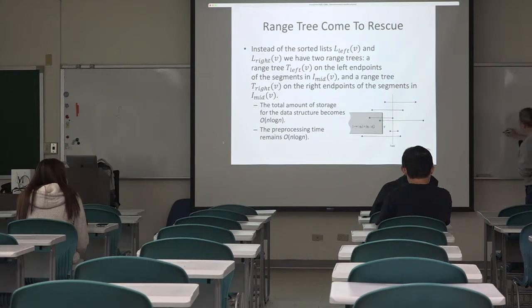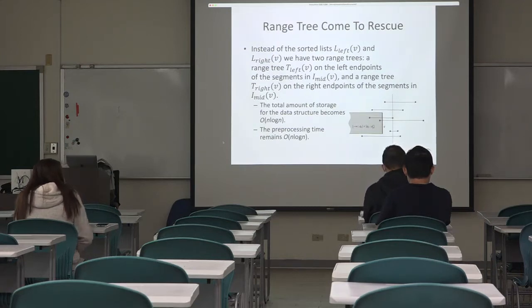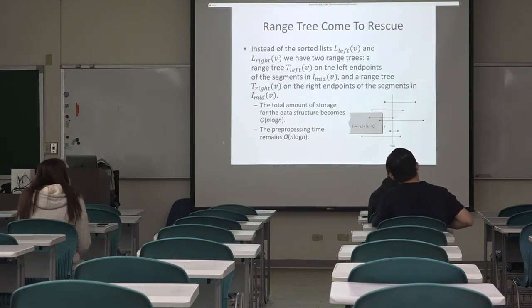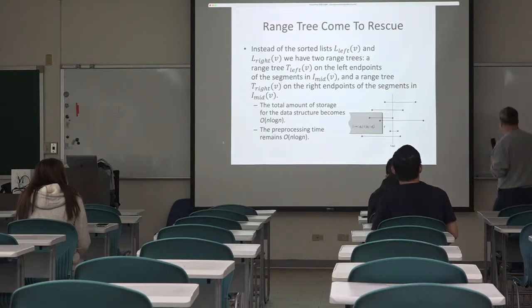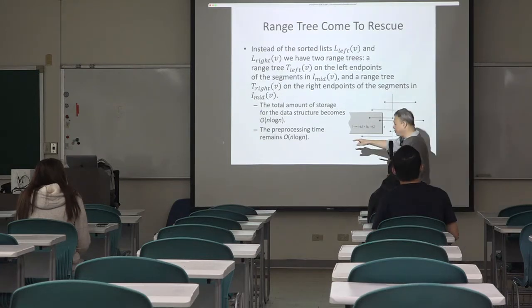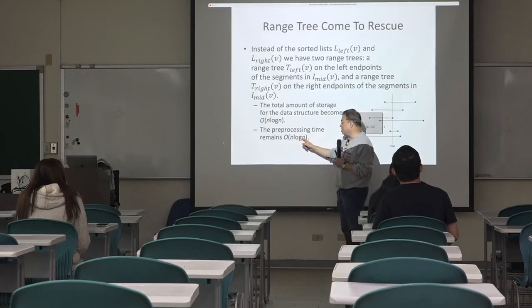But if you do this sorting separately, that's too expensive, right? Remember I told you, you just sort it once and you put them there. That's how you are able to create a range tree with still n log n preprocessing time. Otherwise, it will be more expensive than n log n.